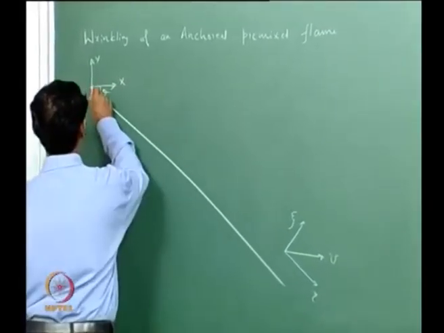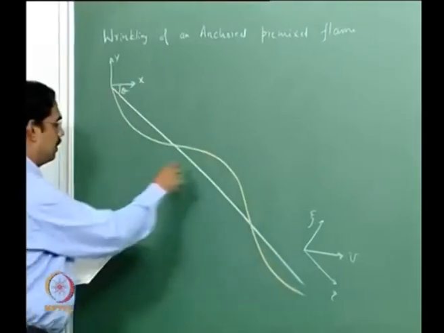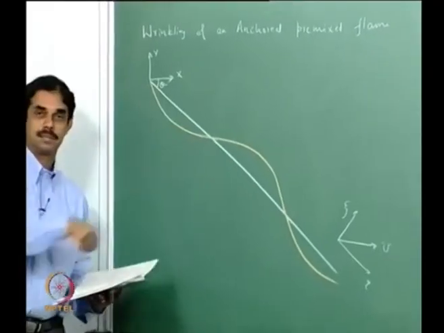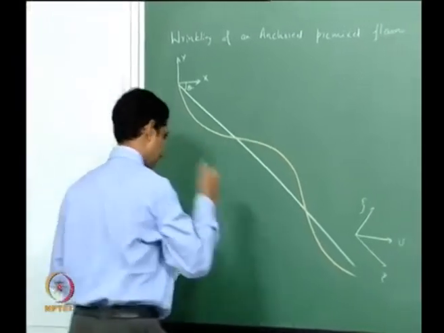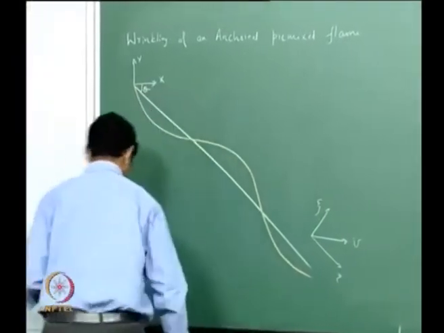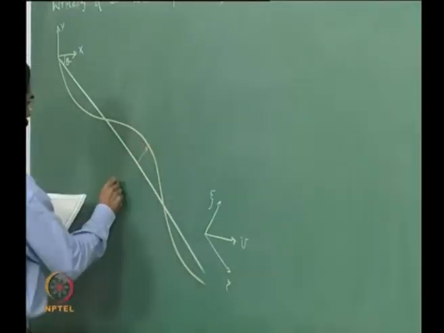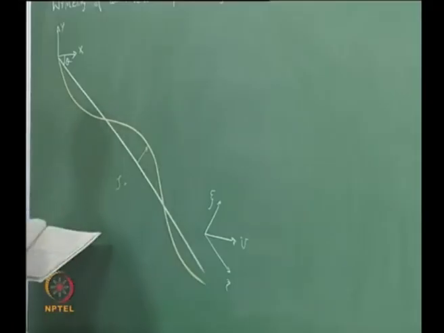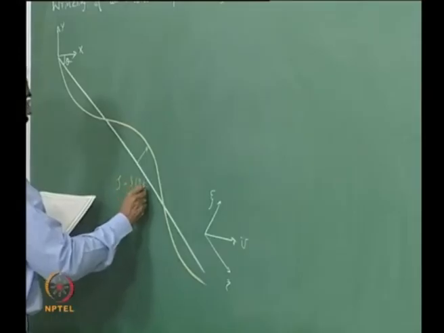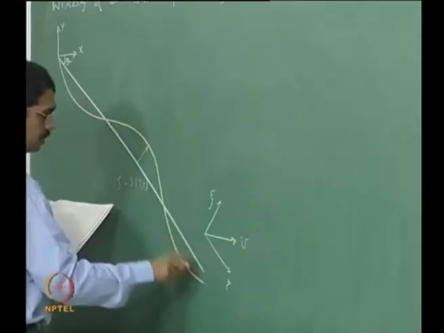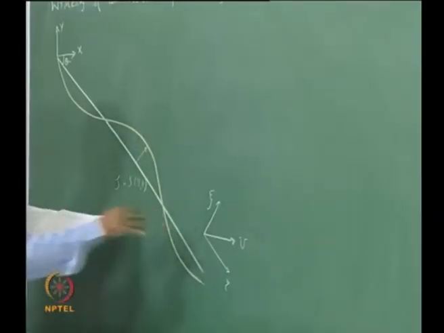Now this orange line is representative of the premixed flame, which is wrinkled, given by zeta equal to zeta of eta comma t. So this coordinate is eta, this is psi, and this is zeta.